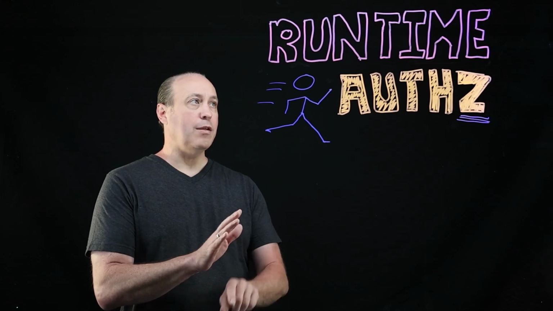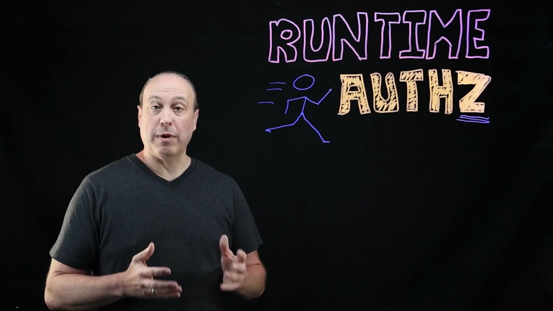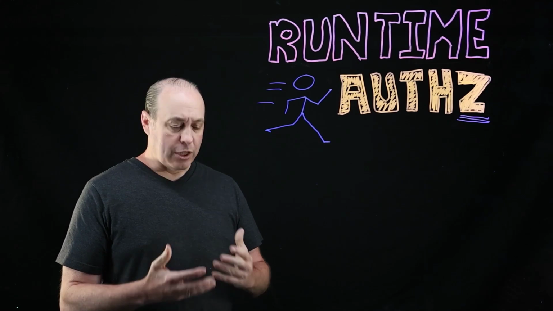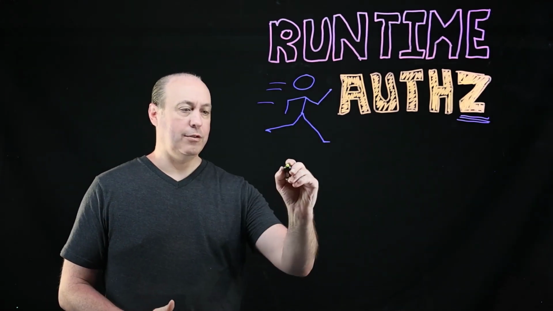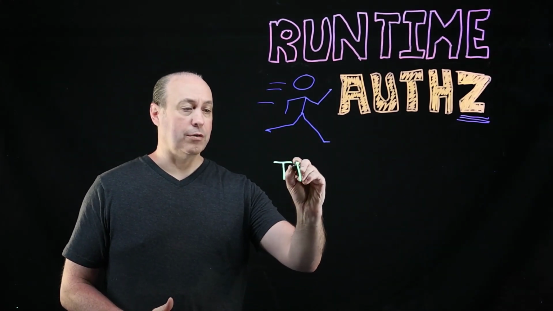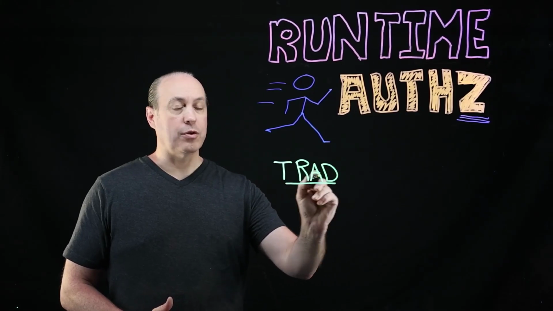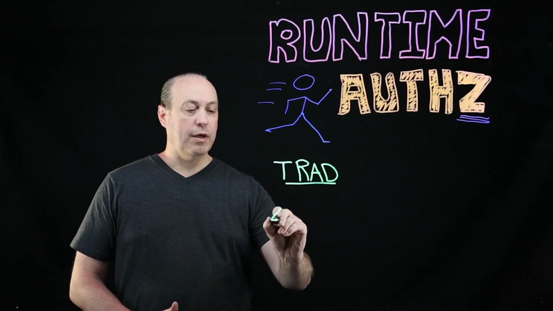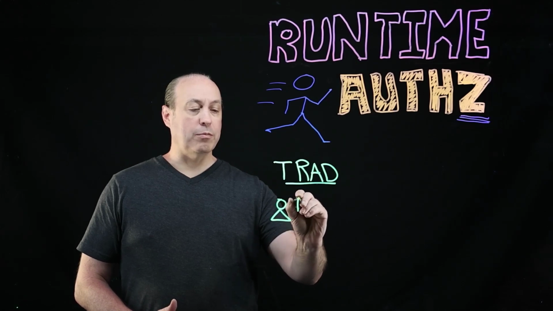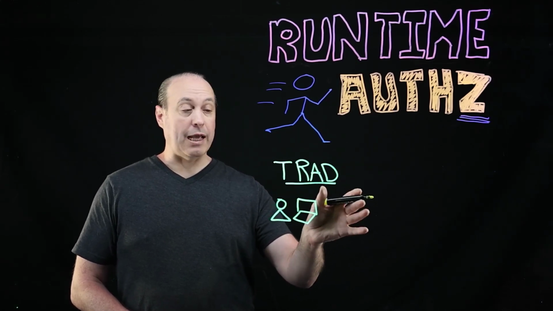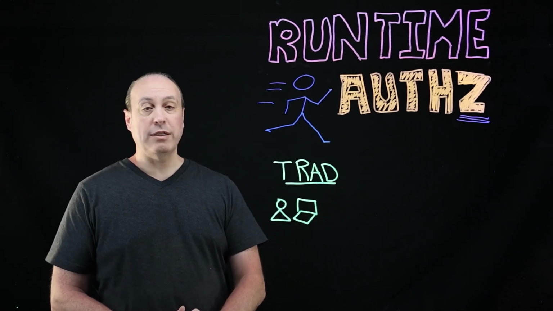Now, the reason runtime authorization is getting so much buzz these days is because the traditional approach to authorization has been around people, around machines, and most recently about AI, but let's stick with people and machines first.